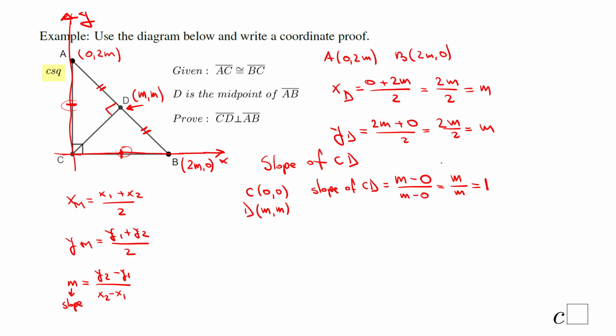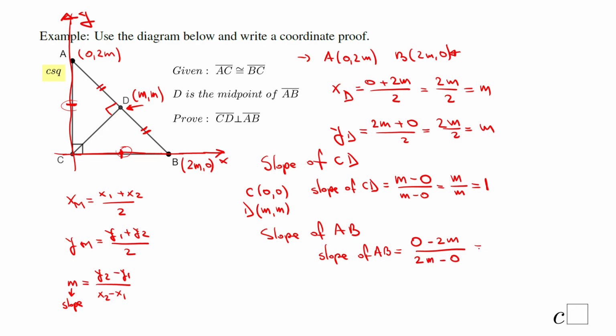Now let's take a look at the slope of AB. The point A is at 0 and 2m, and point B is at 2m and 0. So the slope of AB will be, again y2 minus y1, we have 0 minus 2m over x2 minus x1, 2m minus 0.